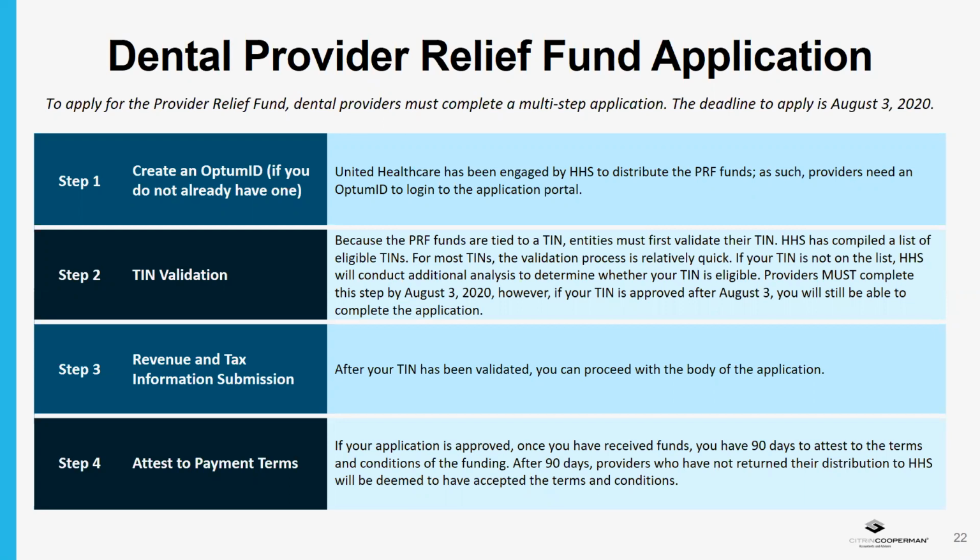A couple of key takeaways I would like to mention: when we discuss lost revenues, the lost revenues really are attributable to the months of March and April of 2020. And as Kate had discussed previously, lost revenues due to COVID-19 really means the amount of any patient care revenue lost due to the coronavirus.